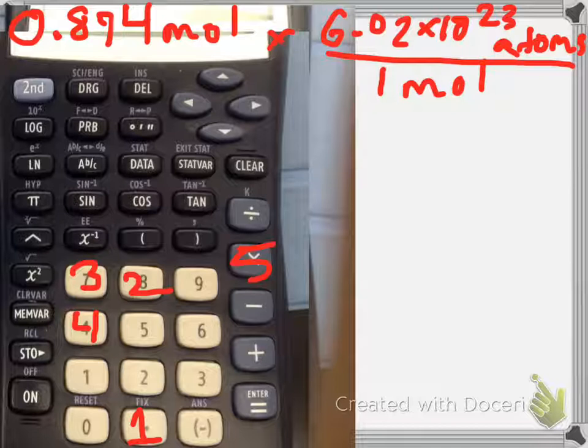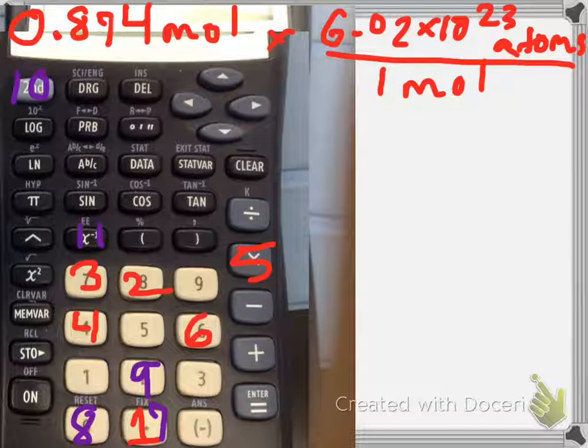The way I like to do it is I would write 6, and then I do my point, 0.2, and then I do the second key, and I push this key that says E. That means times 10 to the.